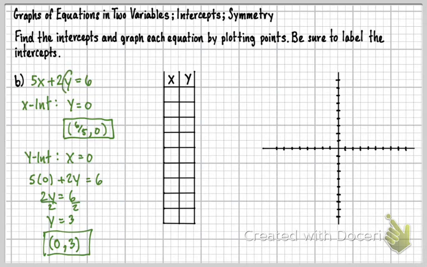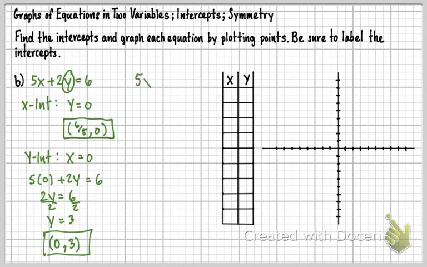So now if I plug in 2 for y, that would be 4, wouldn't it? I'm going to try that. I want you to see this. So that would be 5x plus 2 times 2 equals 6. So this is going to be 5x plus 4 equals 6.